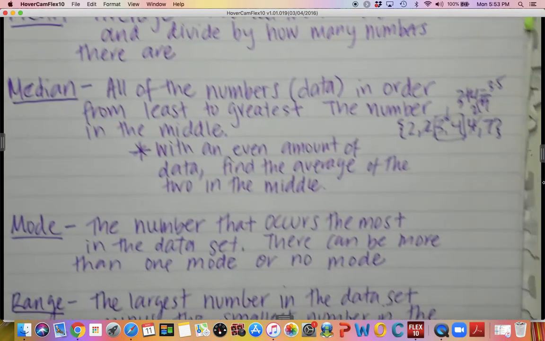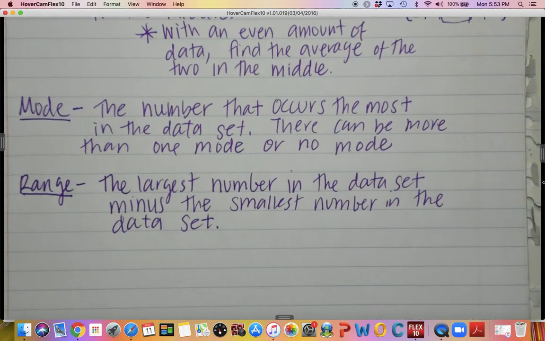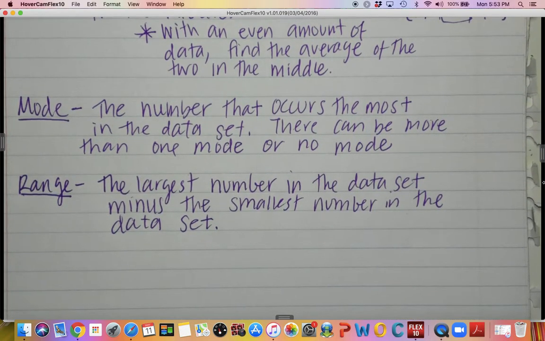Oh, you can't even see that. I'm very sorry. Okay. Range is the largest number in the data set minus the smallest number in the data set.